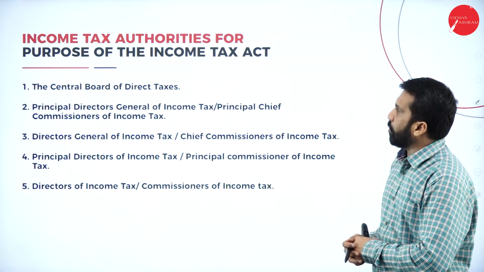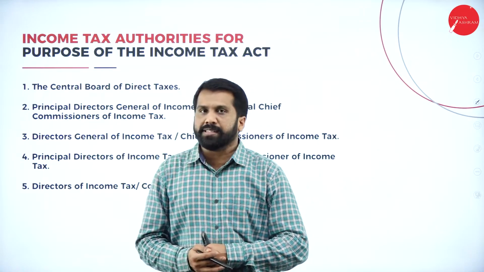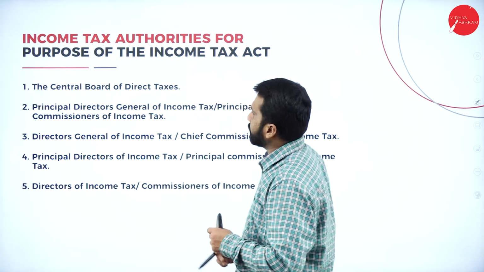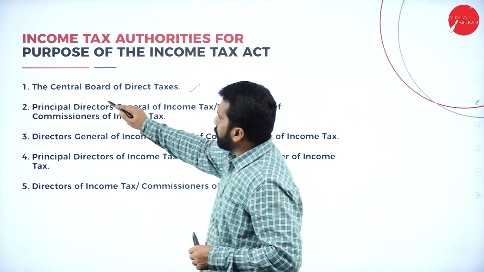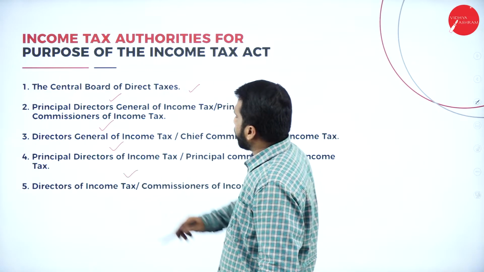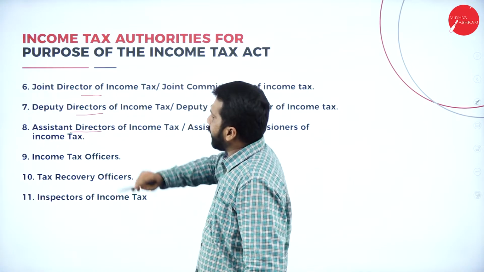Income tax authorities. Very simple. There are almost 10 income tax authorities. You are supposed to remember all the income tax authorities like Central Board, Principal Director General, Principal Director, Director of Income Tax, Joint Director, Deputy Director, Assistant Director. See, under Director itself, there are several names: Director General, Principal Director, Director of Income Tax, Joint Director, Deputy Director, Assistant Director.